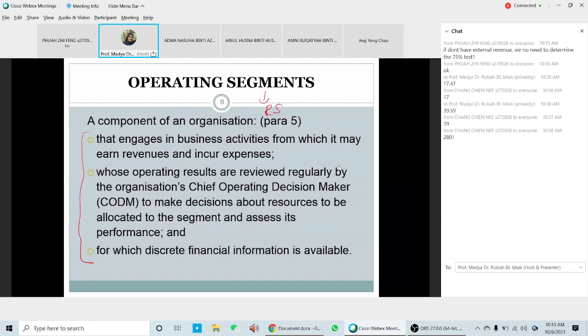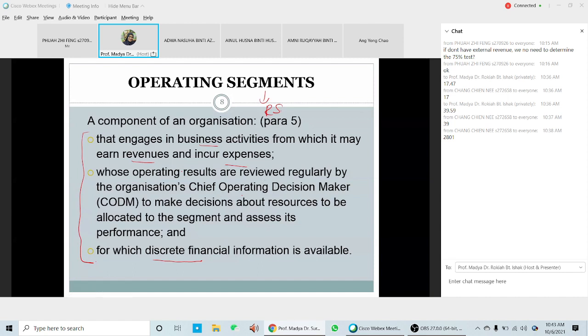Operating segments should be reviewed by the CEO or CODM. The business activity has its own revenue and expense, and they prepare separate financial information. So that is what you have for operating segment. Please make sure that you understand illustration 3.